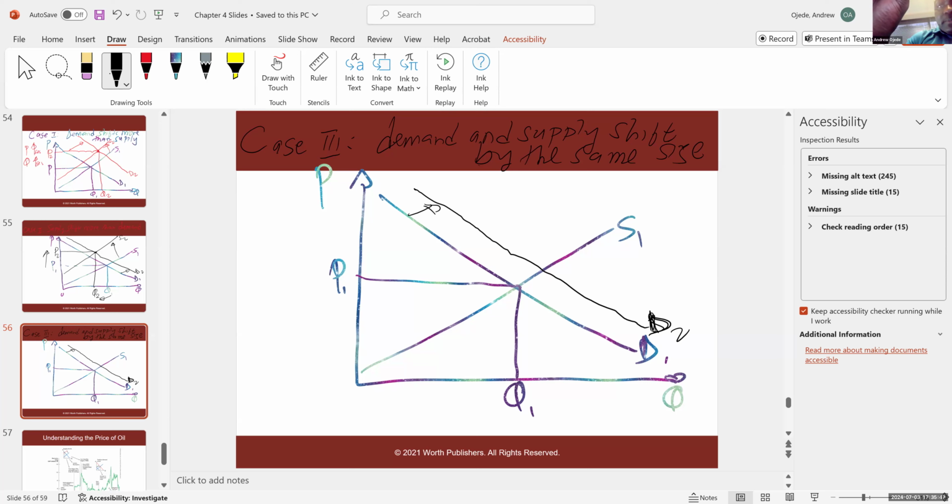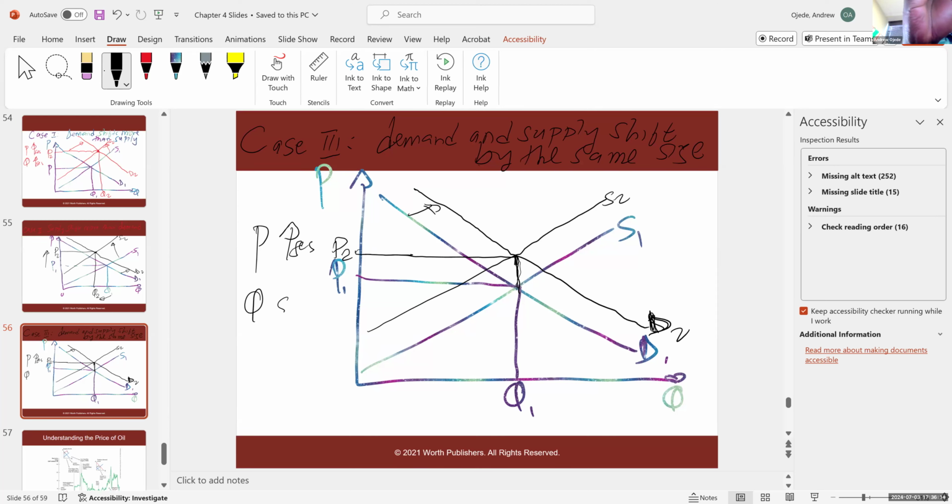Then the supply curve shifts to the left by the same magnitude, S2. So under this case, price still goes up to P2, but quantity remains the same. P increases, but equilibrium quantity stays the same.